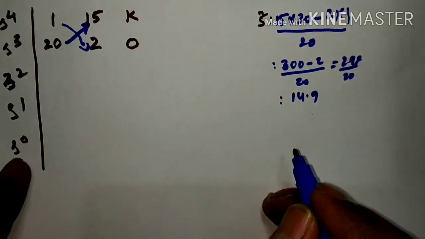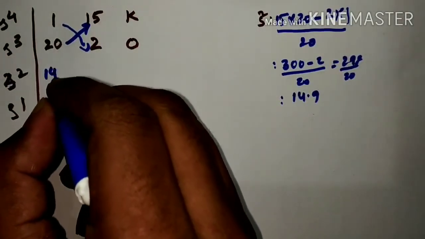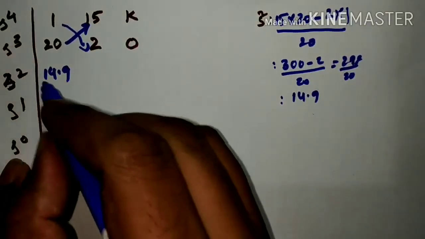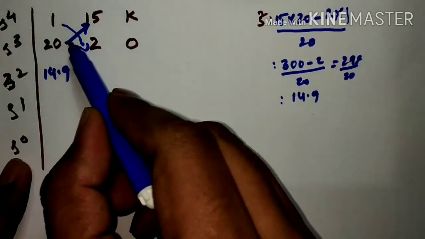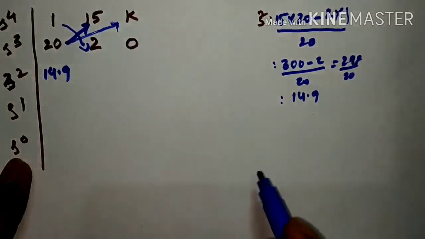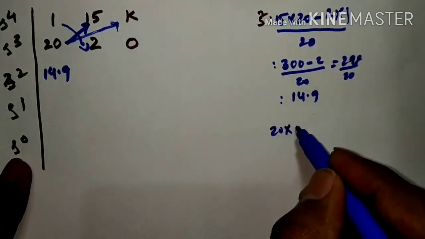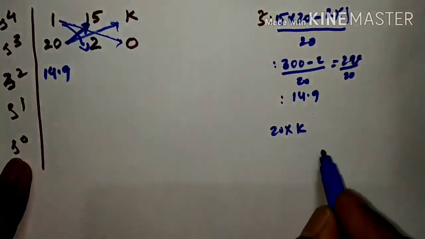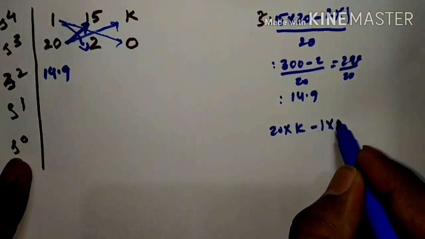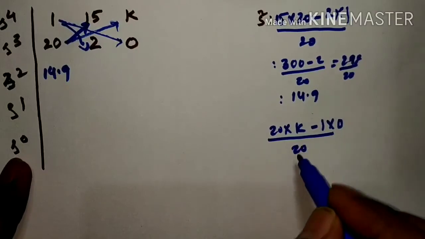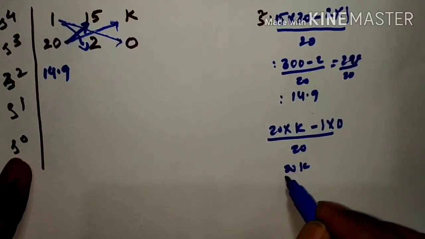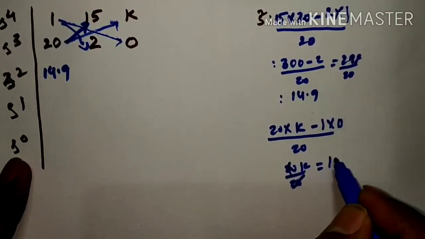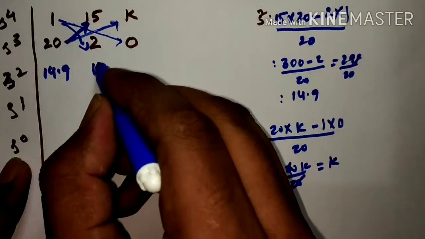I'm going to write here 14.9. Next, 20 into k minus 1 into 0, by 20. So what do you get? 20k by 20, so you will get the k value. This value would be k.